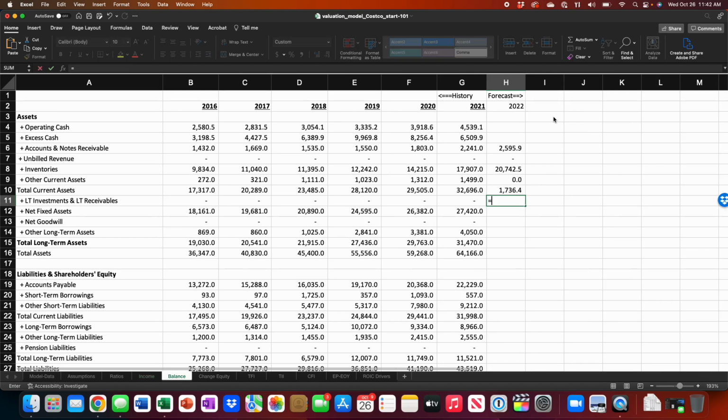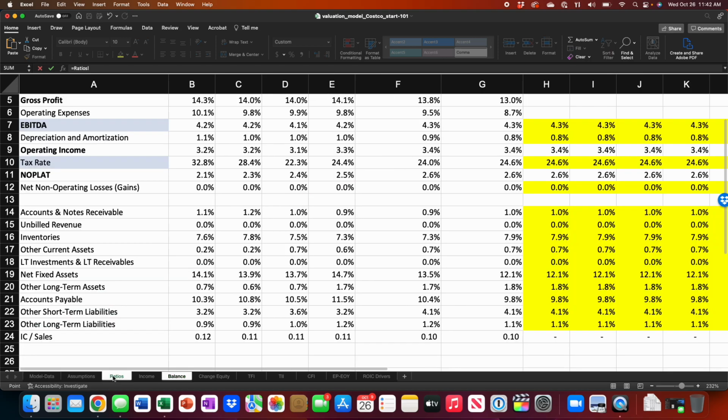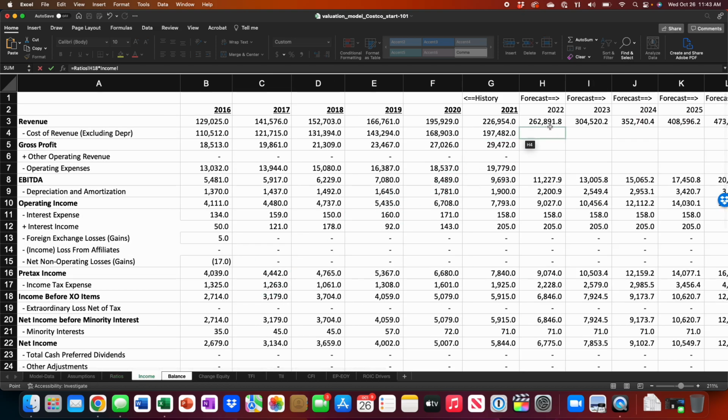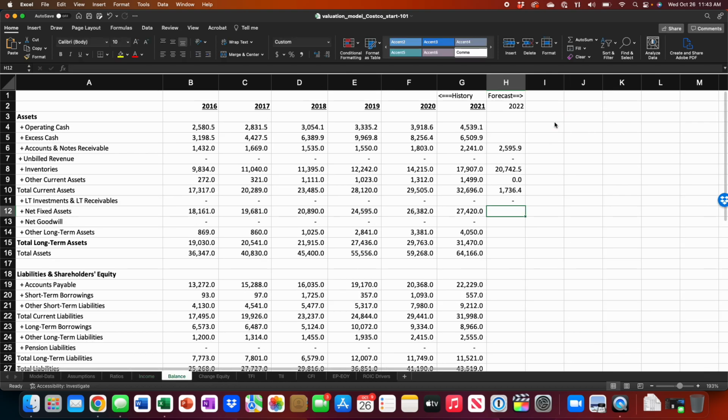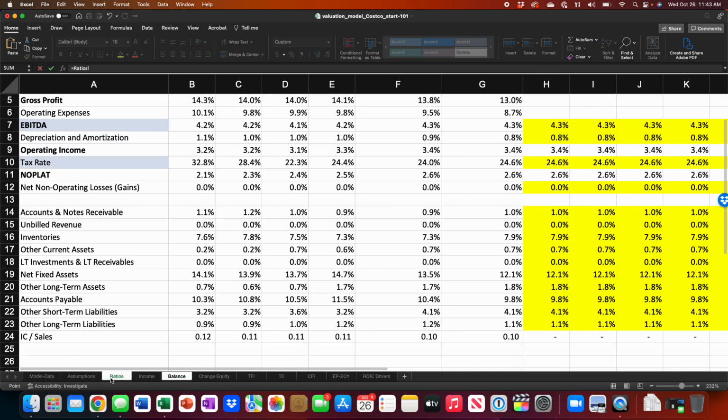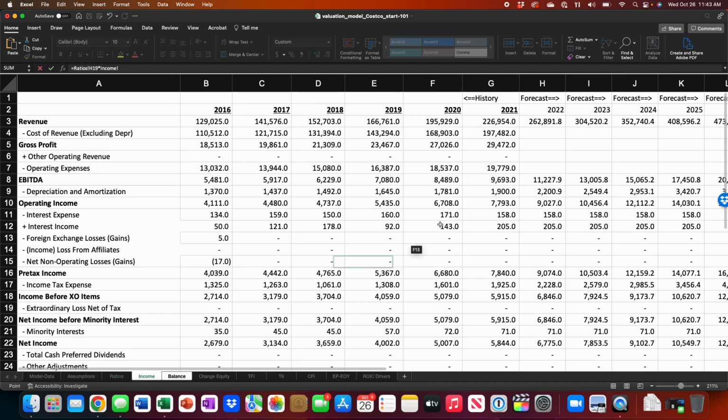Long-term investments equals ratios H18 times income H3. Next is net fixed assets, which is PP&E, equals ratios H19 times income H3.